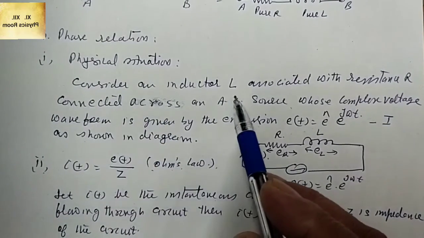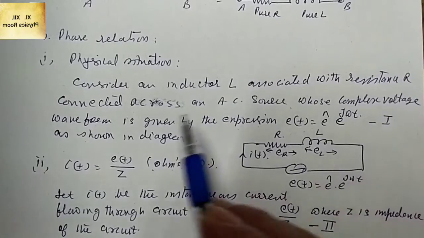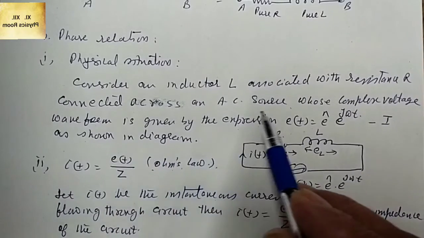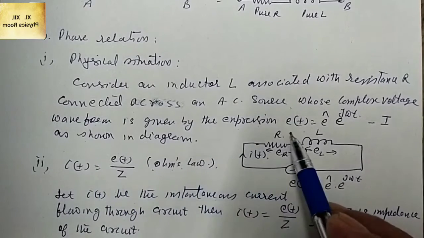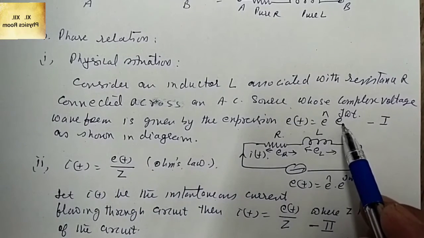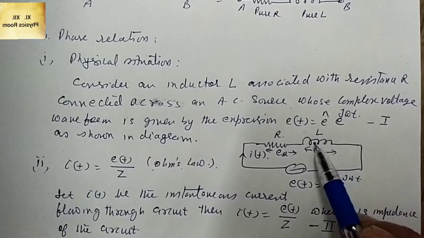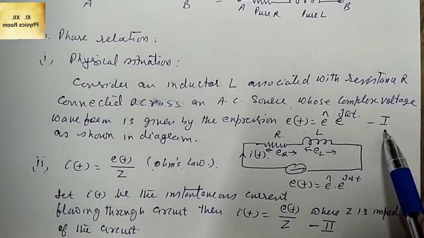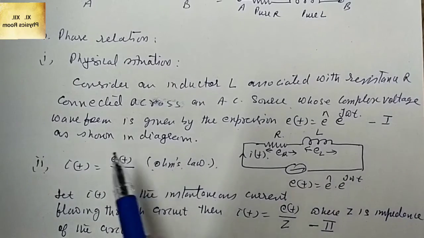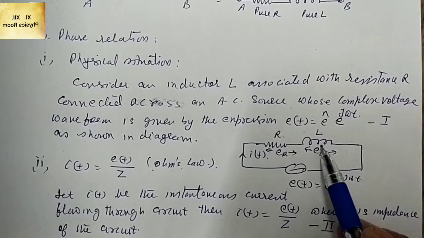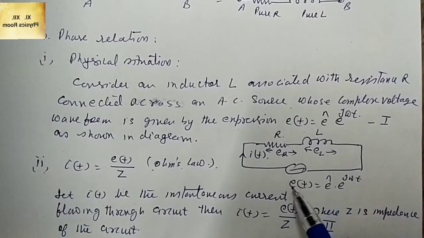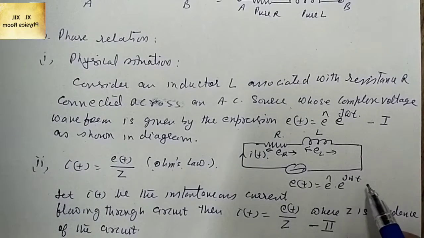Consider an inductor L associated with resistance R connected across an AC source whose complex voltage waveform is given by the expression E(t) = E max e raised to power j omega t. Let us mark it as equation 1. As shown in the diagram, this is the resistance, this is the inductor, and this is the AC source whose complex voltage waveform E(t) is equal to E max e raised to power j omega t.